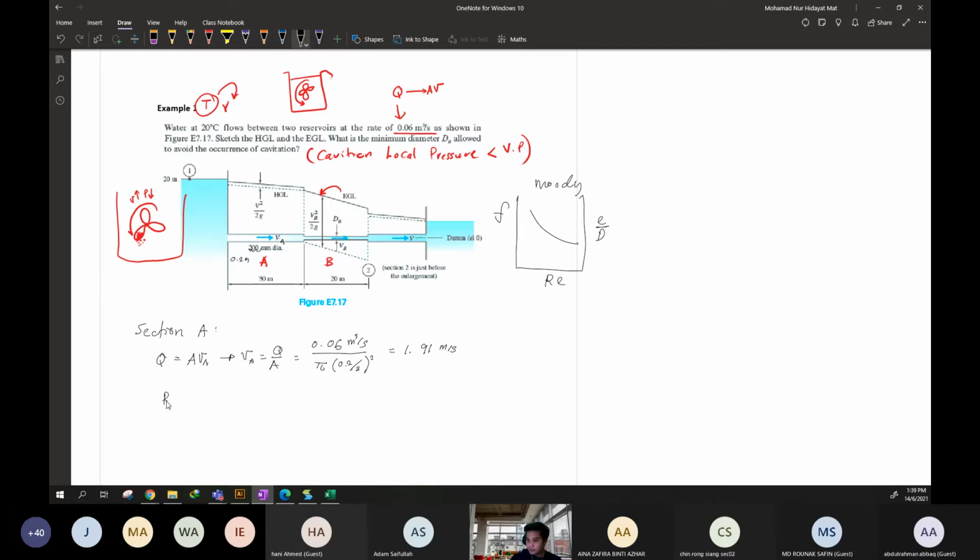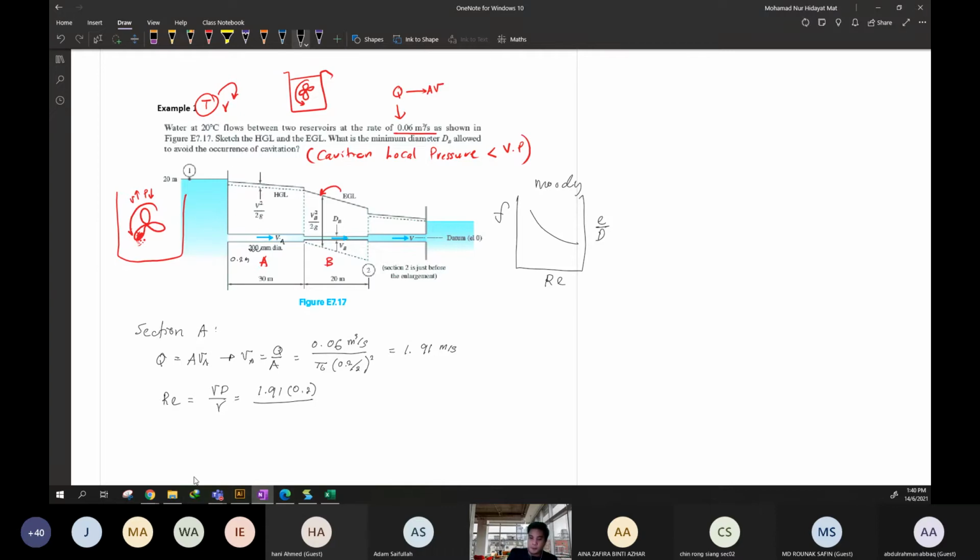So the Reynolds number is velocity times diameter over nu, where nu is the kinematic viscosity. So velocity is 1.91 multiplied by the diameter of the pipe, 0.2, over nu.